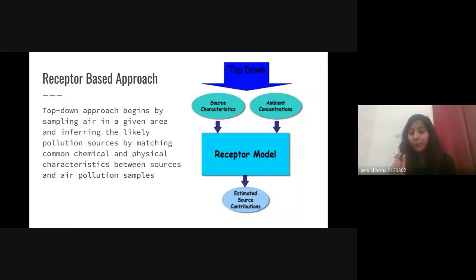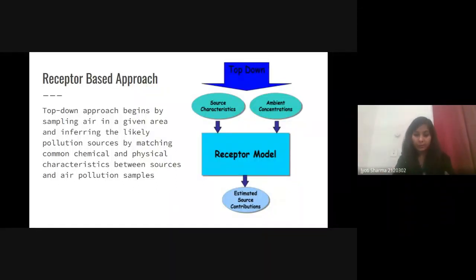The elemental composition of the particulate matter in the atmosphere may match the elemental composition of particulate matter from some source. After seeing the common features of the particulate matter from the source as well as at the receptor, you can make some guesses.